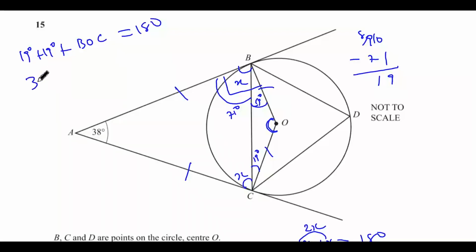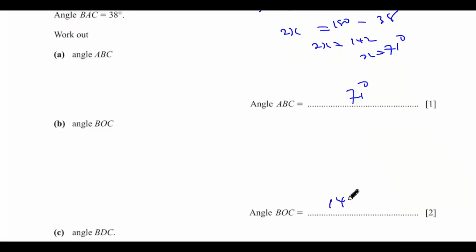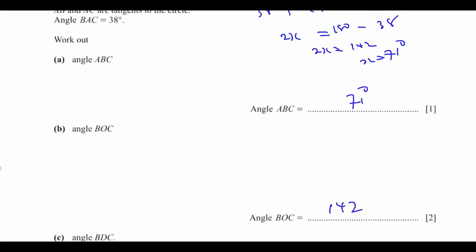So we have 38 plus BOC to be equals to 180 degrees. So BOC will be equals to 180 minus 38. So you can easily work that out, and that will be equals to 142. So that means BOC is 142.